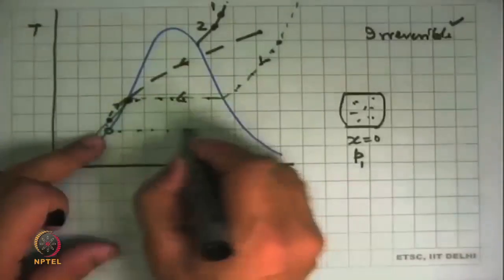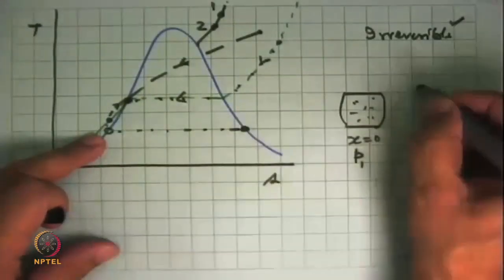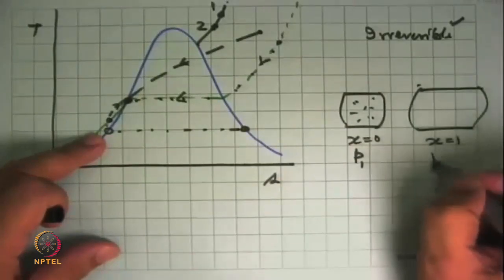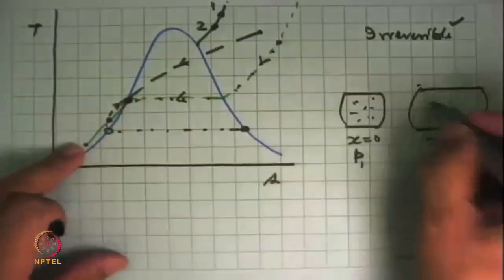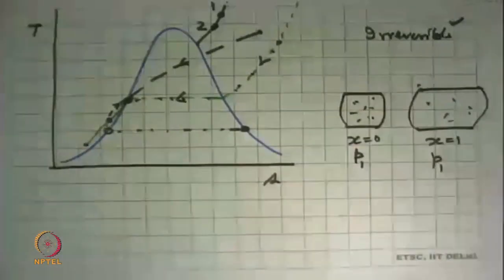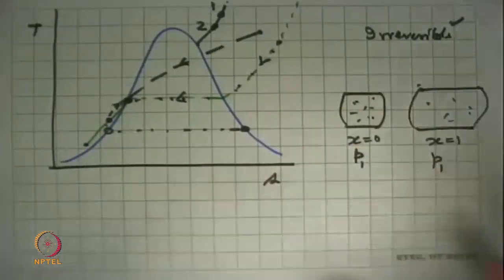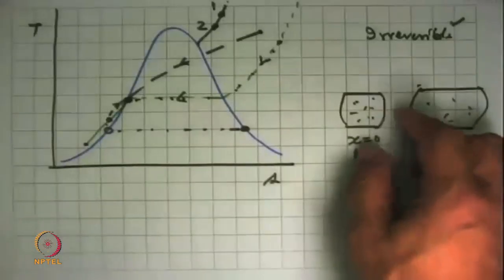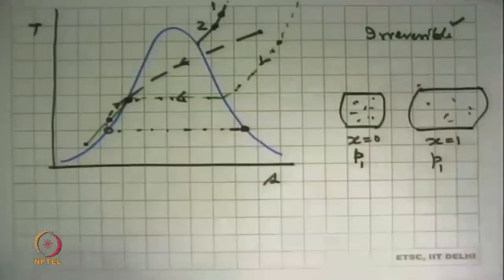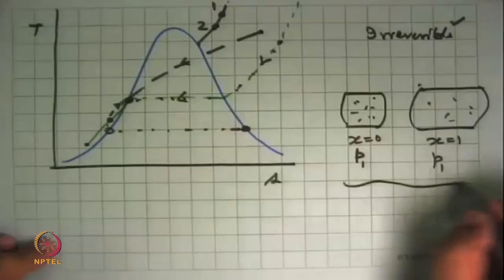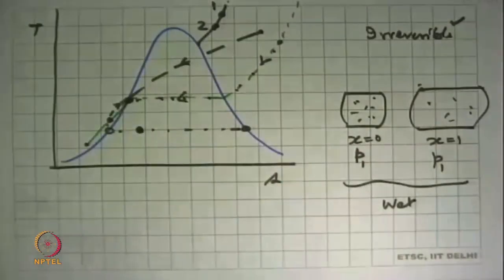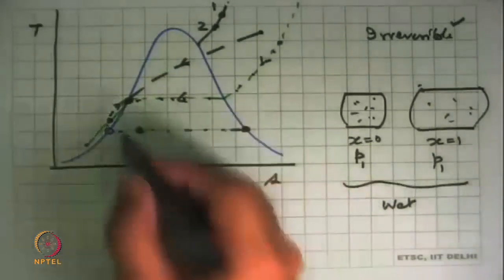Then you have another vessel at this state where x is equal to 1 at the same pressure, dry saturated vapor. And now we mix the two. It is adiabatic, there is no work transfer involved in this. We just have a valve in between that was opened up, it got mixed, and the final state of the mixture was wet. So this could have come somewhere over here, here, there, wherever it may be.